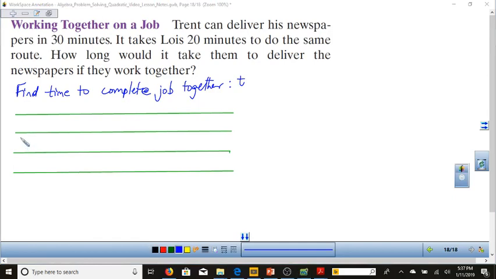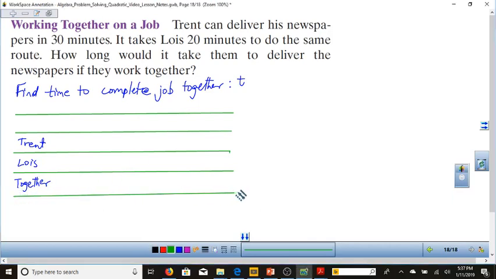I left the top row empty because I want to put headings for my columns. I'm not going to put a heading for the first column, but for the second column, I want to find out how long does it take him to do the job.